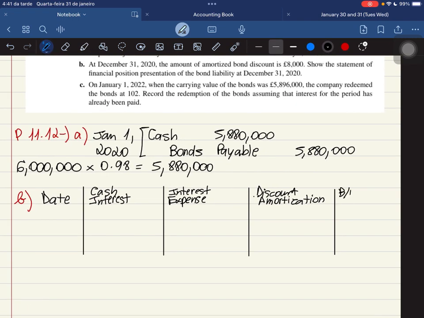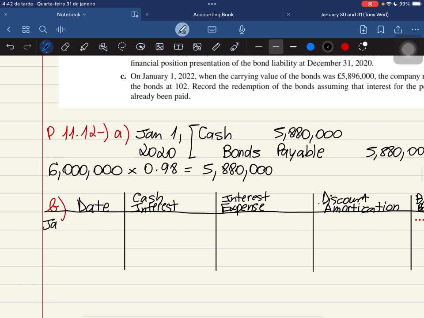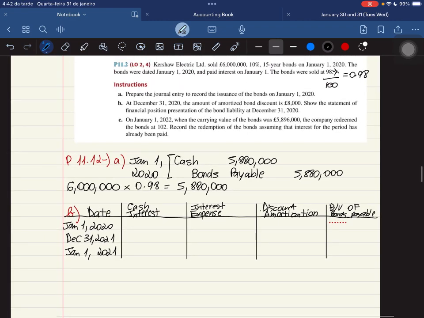Then over here we would have the book value of the bonds payable. They were issued on January 1st of 2020. Here I'm going to put December 31st of 2020, and here I'm going to put January 1st of 2021. That's all we need for now.